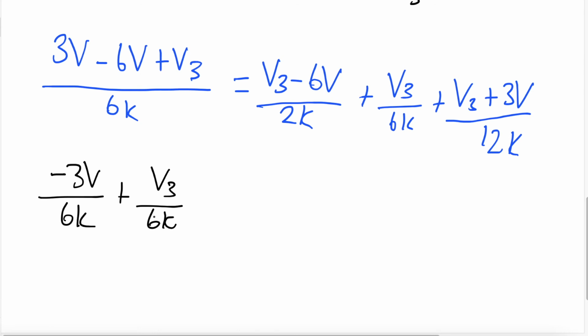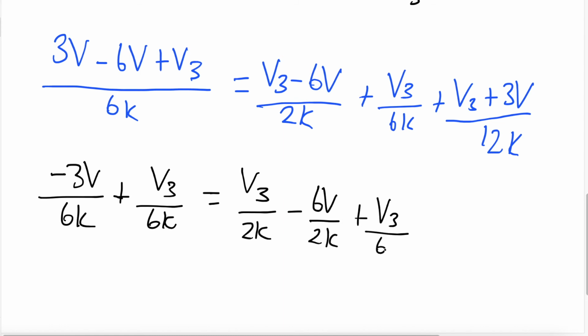We keep the V3 over 6K because we don't necessarily know what that V3 is yet. And we're going to keep going. We're going to have V3 over 2K, and then we have minus 6 volts over 2K plus V3 over 6K plus V3 over 12K plus 3 volts over 12K.